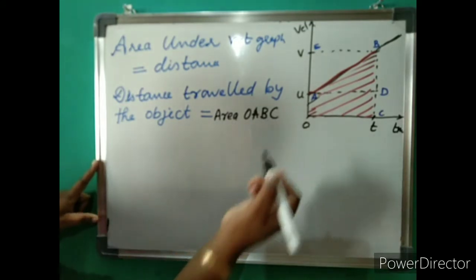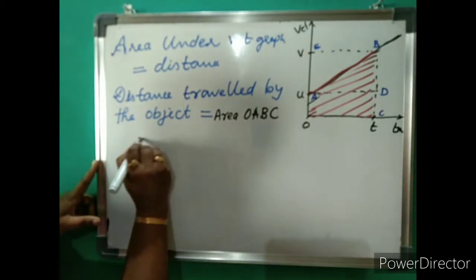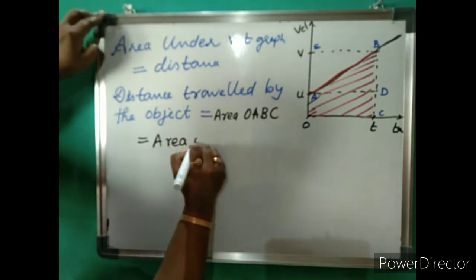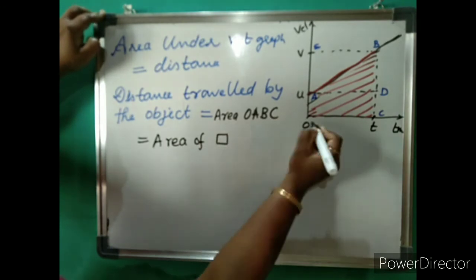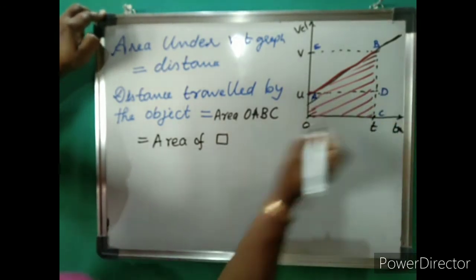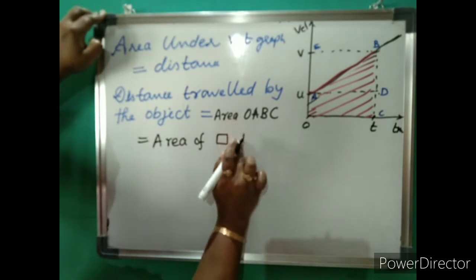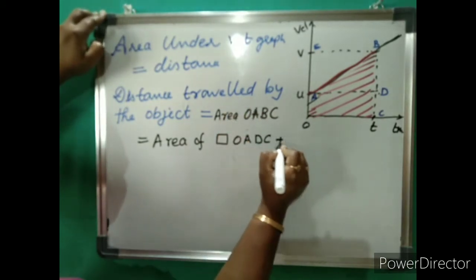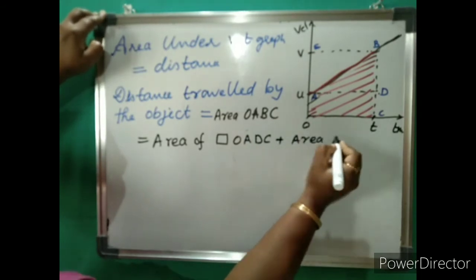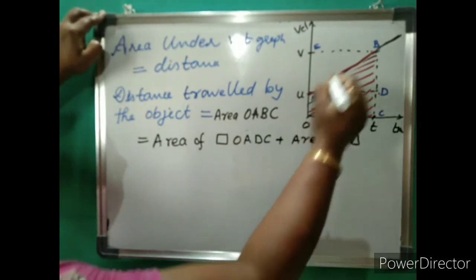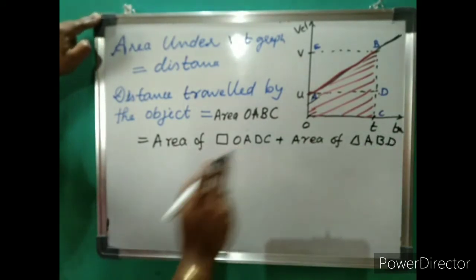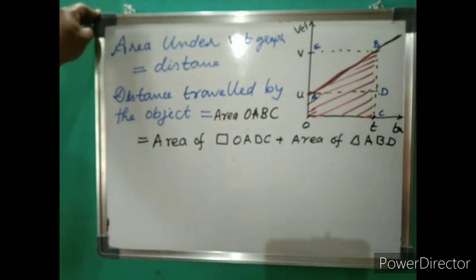So the area of OABC, a trapezium, is equal to the area of rectangle OADC plus the area of triangle ABD.